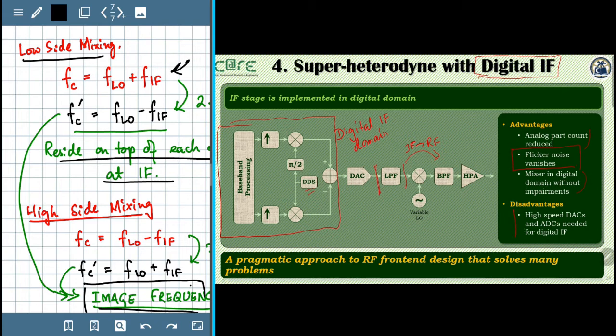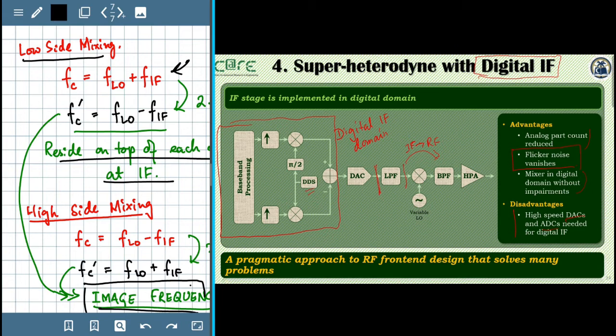The drawback of this approach is that, as compared to the three architectures that we have seen earlier, the DACs and ADCs now that are needed need to support the signal spectrum, need to support the IF frequency. So if the baseband signal bandwidth was just 50 kilohertz or 100 kilohertz, and the IF frequency is around 20 megahertz, you need to have DACs and ADCs that are capable of handling frequencies at the IF level now.